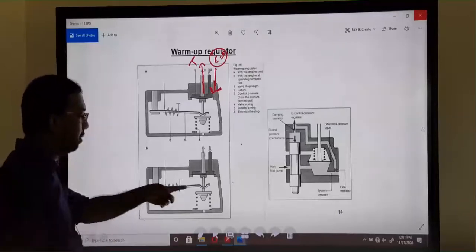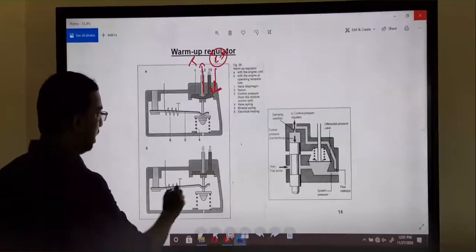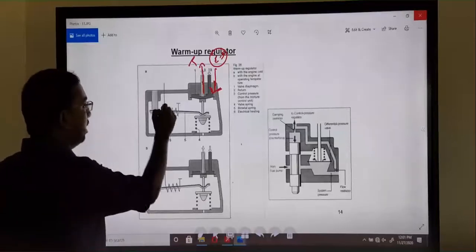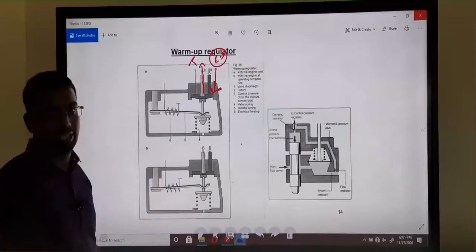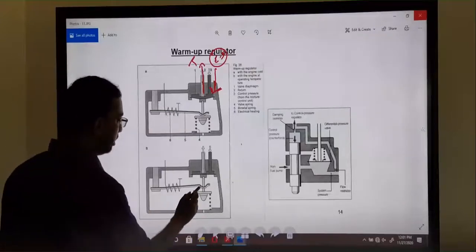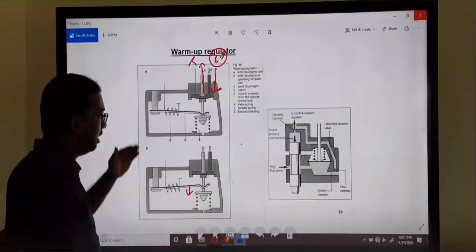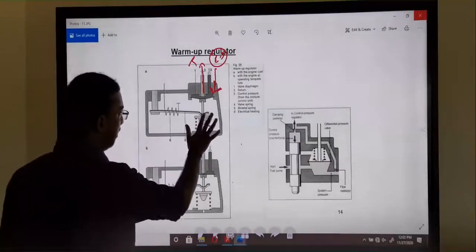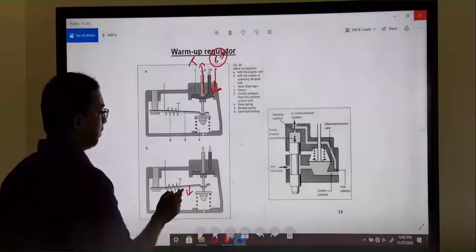When the temperature is normal and the pressure increases, the bimetal is heated electrically, so it bends like this and touches this valve. Here is the return spring. So this is the normal condition.